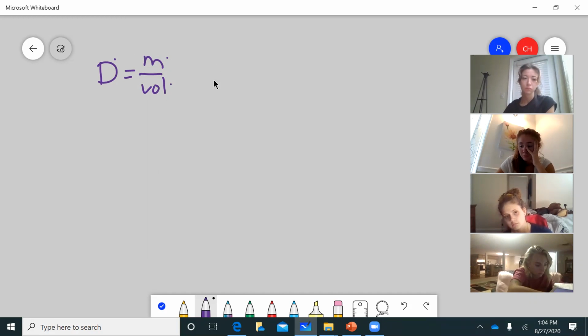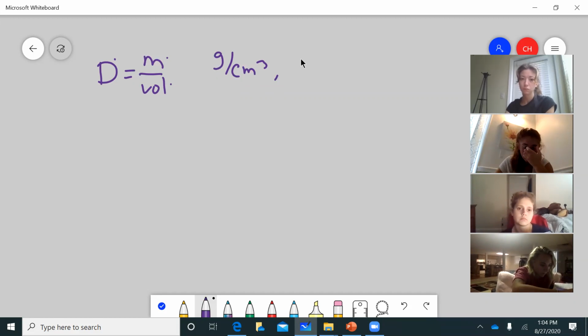So some units that you'll see for density: grams per centimeter cubed is one we see a lot. Gram is a value of mass. Centimeter cubed is some sort of volume. Another unit, there's a bunch of different ones, but just to get comfortable, grams per milliliter.